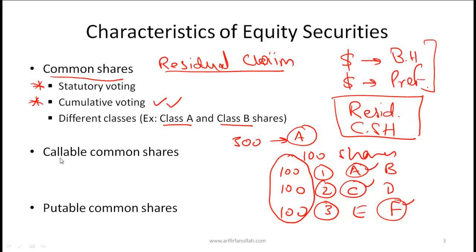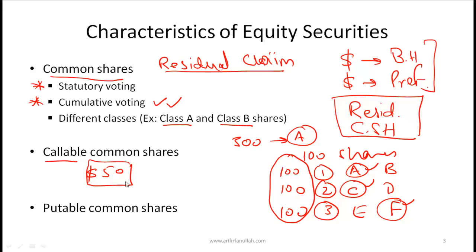Now let's talk about what we mean by callable common shares. What this means is that a company, once it has issued shares, can call back those shares at a certain price. So for example, a company might say that shares are callable at $50. This is good from the company perspective because it allows the company to retire shares, call back shares at a predetermined price.